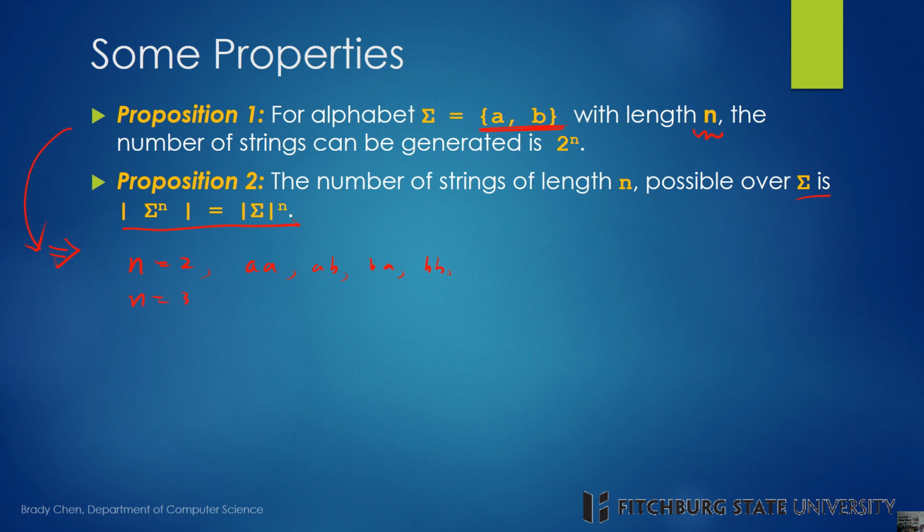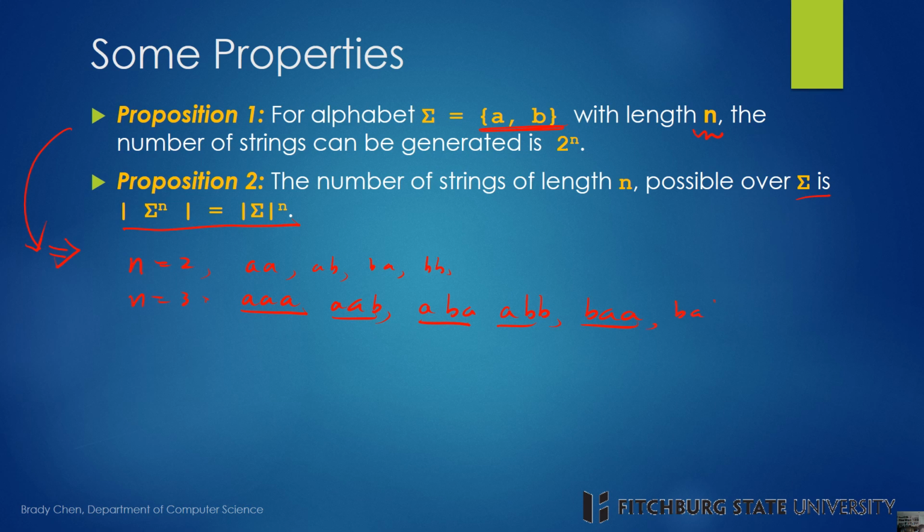Now what about n equals 3? Now you can generate a string of length 3. So that's the combination of 3. AA, that's 1, right? AAB, that's the second one. ABA, ABB, and BAA. You try all the possible strings of length 3 using A and B. Okay.